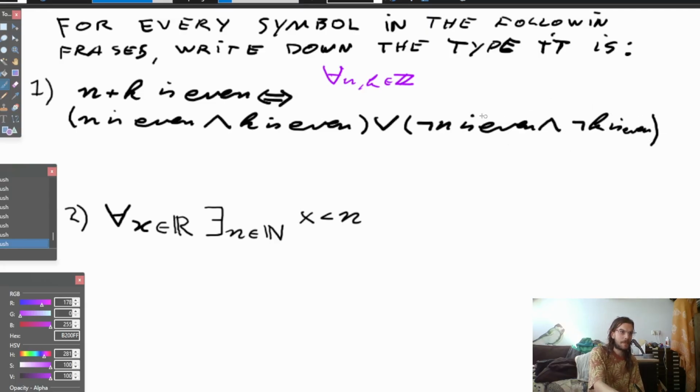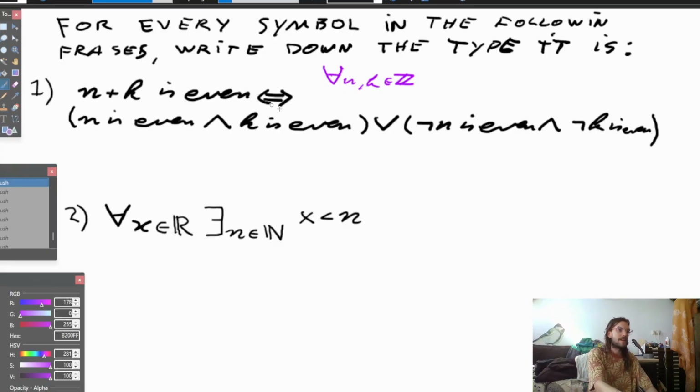Right? That makes sense. 3 plus 6 is of course odd plus even, and it's going to be odd, 9, right? You can think about it. You can try to prove it. We're not going into proofs yet, so I won't go into that too much. But this is a sentence that is true, and you can see how these ands and ors are used in a normal mathematical sentence.